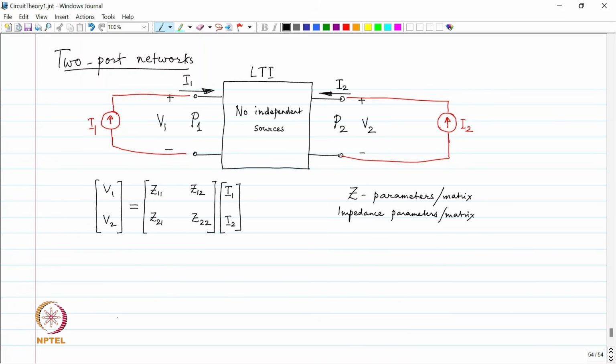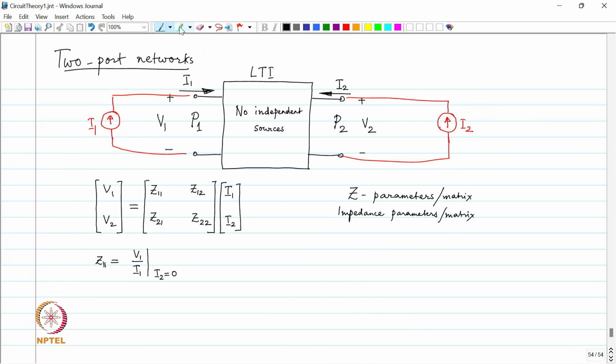Because if you have done so far, then you would also be able to say that Z 11 is nothing but V 1 by I 1 when I 2 is equal to 0, right. Remember superposition experiment. What did we do in the superposition experiment?